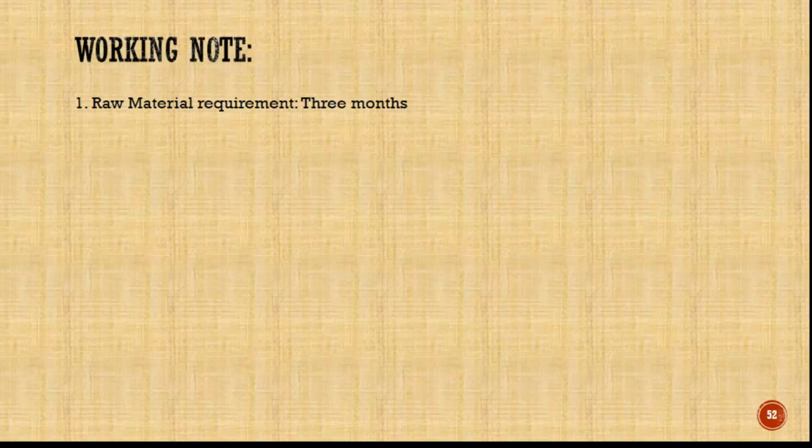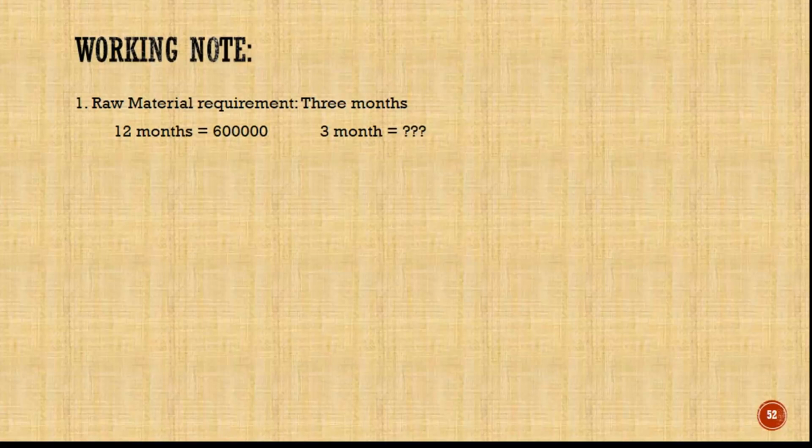First is raw material requirement. Period given is 3 months. Now we know very well what is the base for calculating raw material requirement. That is given in the example, direct raw material amount will be the base for calculating raw material requirement. So for 12 months it is 6 lakh.